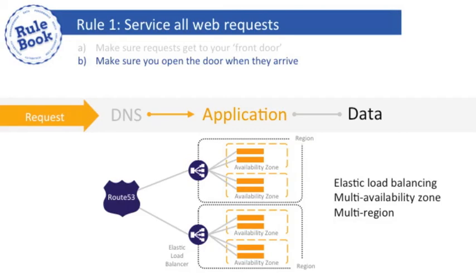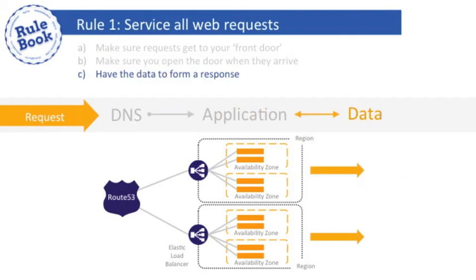And the load is load balanced by a regional service, the elastic load balancer. And by repeating that pattern in multiple regions around the world, I can achieve a global coverage and a very high availability application deployment that ensures that when people do come knocking on our front door, in this case our Route 53 directing to our elastic load balancers, that our application servers will be available to respond to that request.